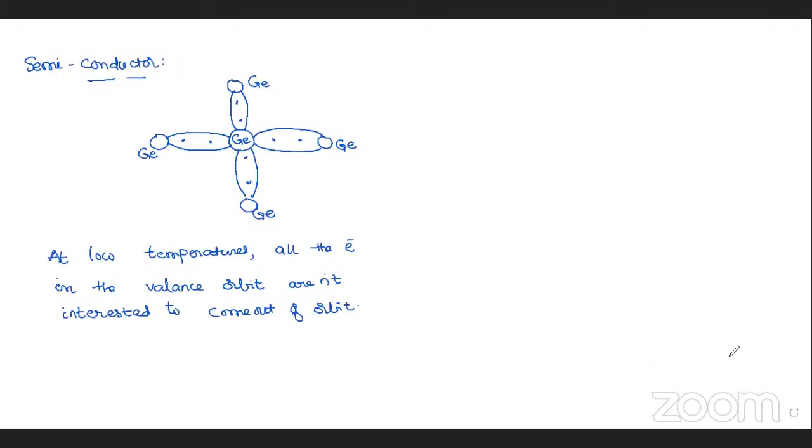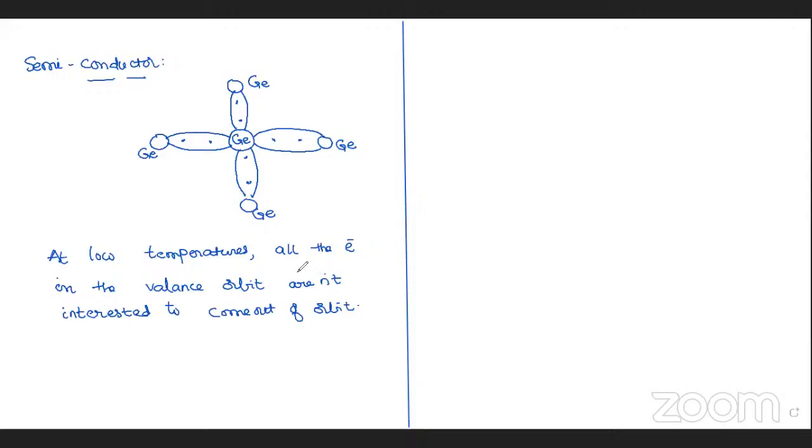Is that called excitation energy, or what is the other name in chemistry? Ionization energy. Am I right? Right, sir. The energy required to eject an electron from the valence orbit is ionization energy. Excitation energy means to excite the electrons from the higher orbits. That ionization energy you won't get at low temperatures.